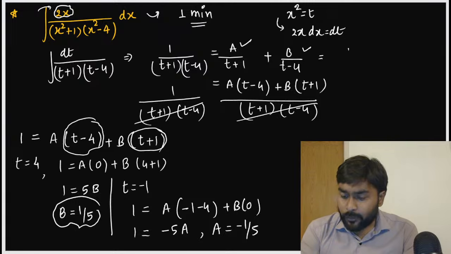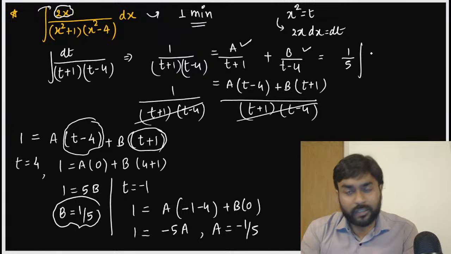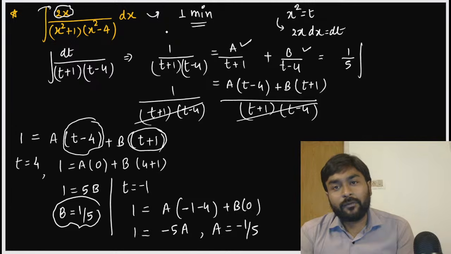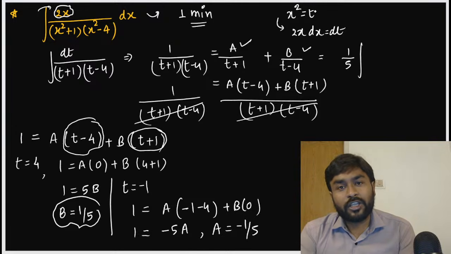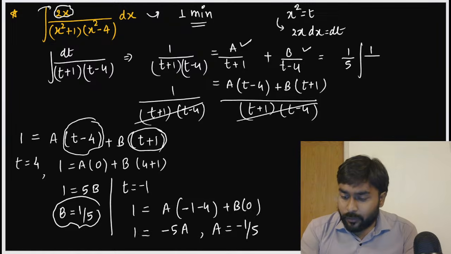Then what will happen? 1 by 5 integration of 1 by t plus 1. But what we have done here: x square we took as t, correct? So we converted the complete question in t. So no problem, we can write 1 by t plus 1 dt. The second part will be what?